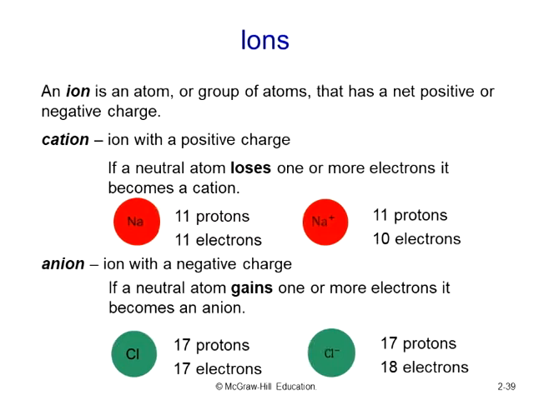So losing a negative will increase the positive value of the species. Okay? So, for example, if you have sodium, you have 11 protons and 11 electrons in its neutral state. If sodium loses an electron, it will become positive by the number of electrons lost. In the case of sodium, that will be a 1 electron loss.